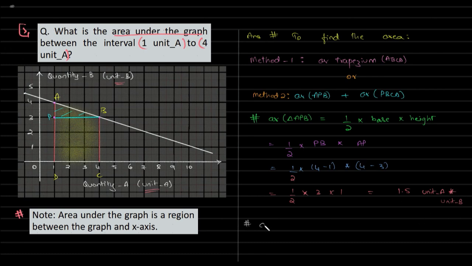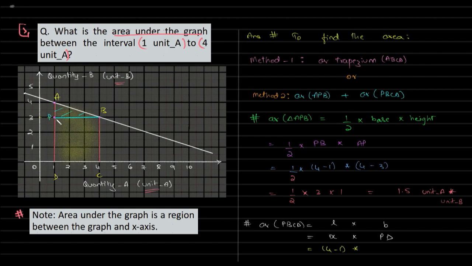Next, we'll figure out the area of PBCD, which is length into breadth. So the length over here is DC and the breadth over here, I can take PD. So DC length is from 4 to 1, that is 4 minus 1, into PD, which is from 0 to 3, right?